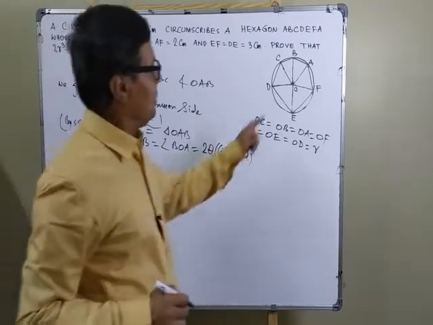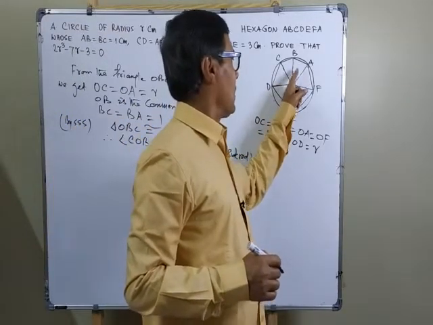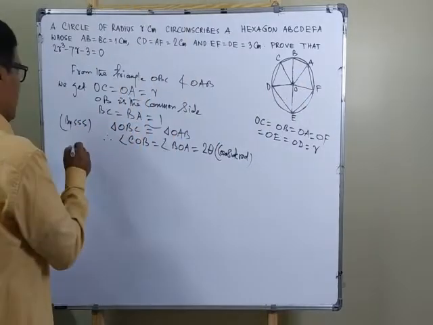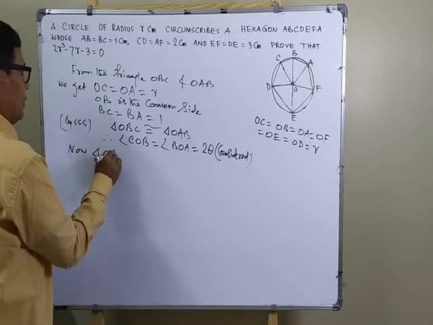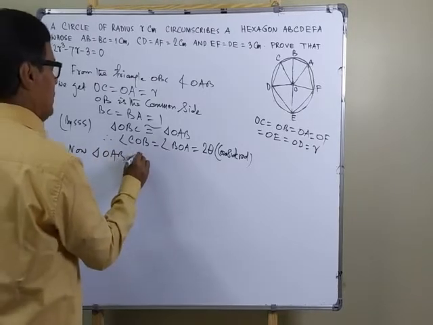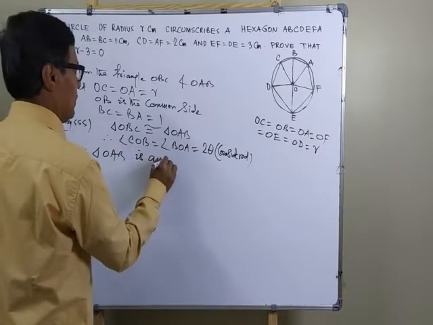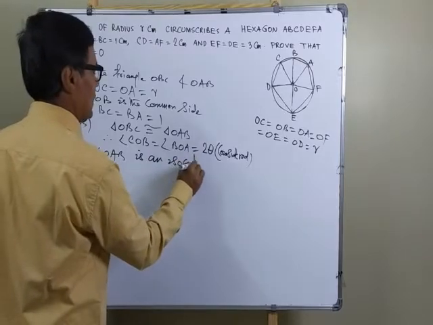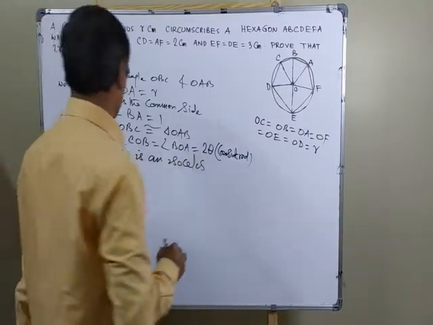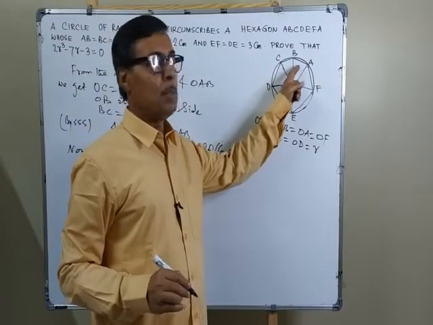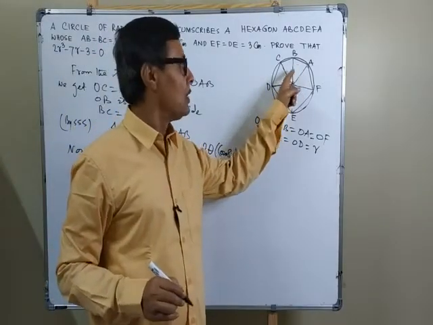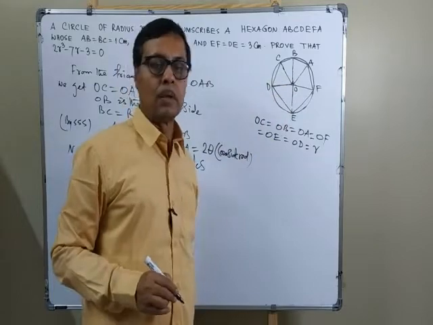Now we can consider the triangle OAB. Triangle OAB is an isosceles triangle because OB is equal to OA.